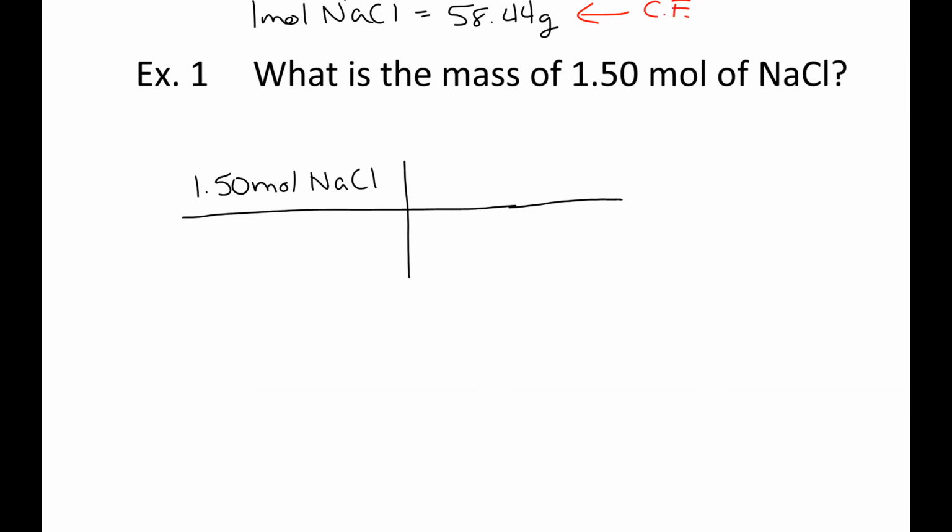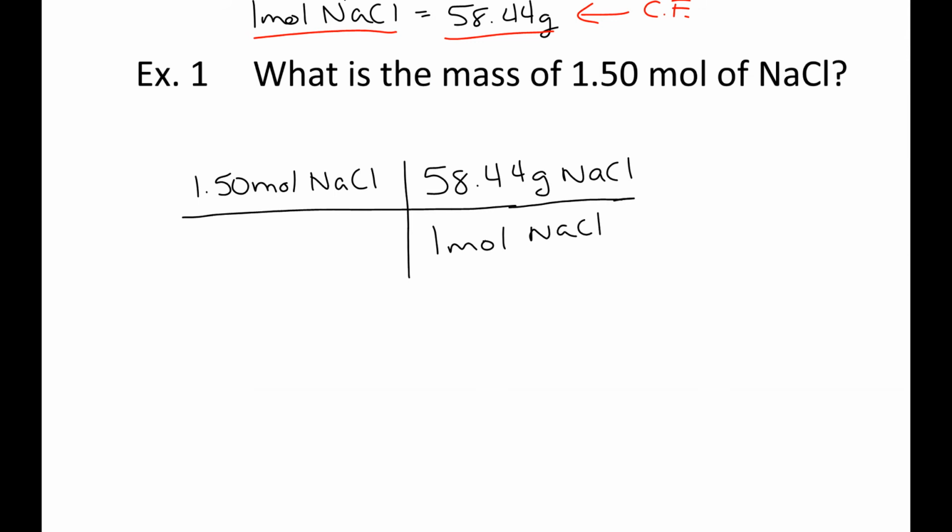So I have to put 1 mole either on bottom or top, and 58.44 grams on bottom or top. Now, the mole bridge says to multiply by molar mass. Well, the molar mass is the 58.44 grams. So I'm going to put that on top, and I'm going to put grams of NaCl, because you still have to put the grams of what? And then 1 mole of NaCl.